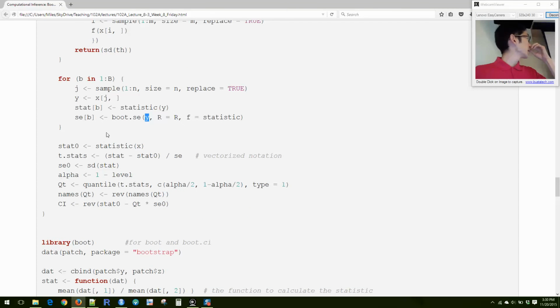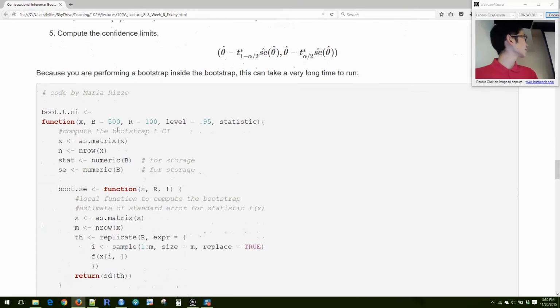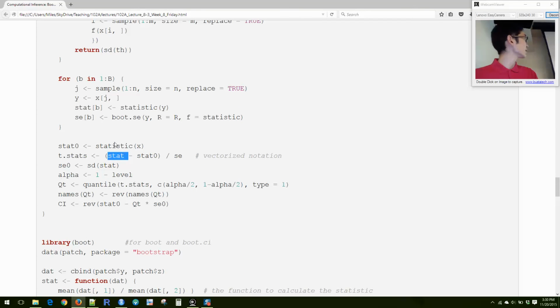Then we take all of these findings and combine them to get our confidence interval. We estimate our t statistics: the difference between each statistic and the statistic from the entire data set, divided by our standard errors. So this is vectorized, right? Stat here is like 500. There's 500 statistics calculated, minus the one from the entire sample, and then there's also 500 standard errors calculated.